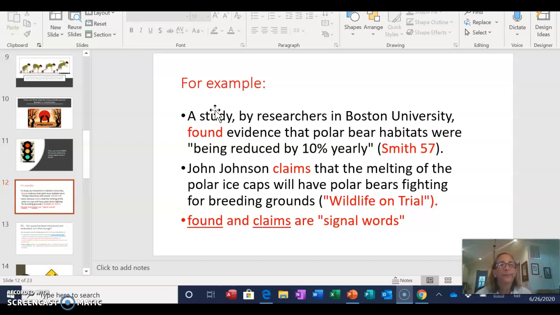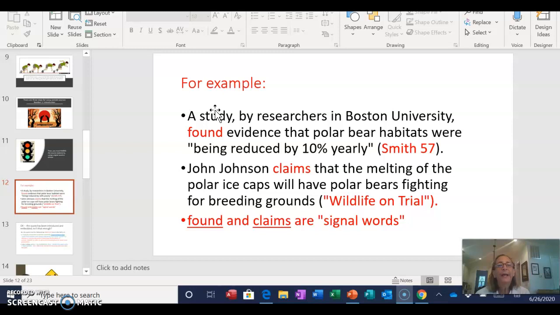Here's an example. A study by researchers in Boston University found evidence that polar bear habitats were being reduced by 10% yearly. Aha, I see the found is in red. That is the signal phrase, in this case, a signal word.